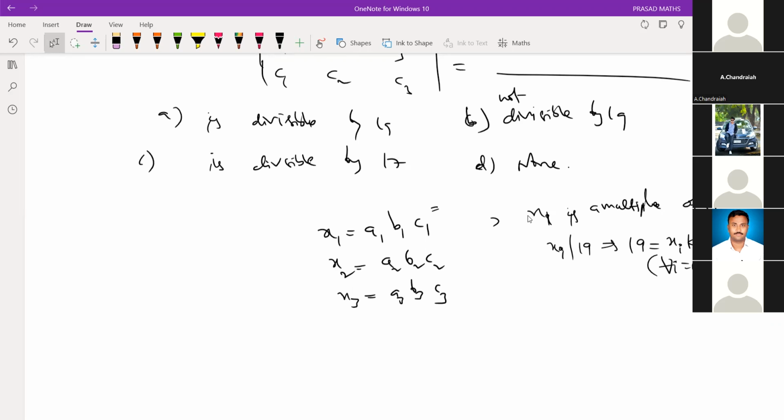See, the actual 3-digit number we can write in expanded form. This is the 100s place, this is the 10s place, this is the 1s place. So 100 into a1, 10 into b1, 1 into c1. Similarly 100 into a2, 10 into b2, 1 into c2, and 100 into a3, 10 into b3, 1 into c3.